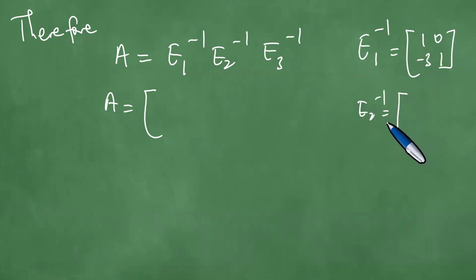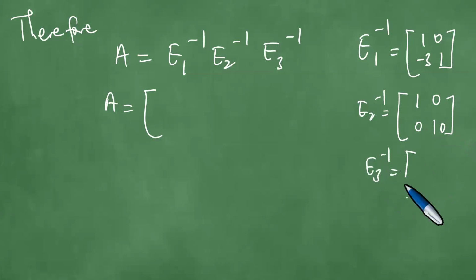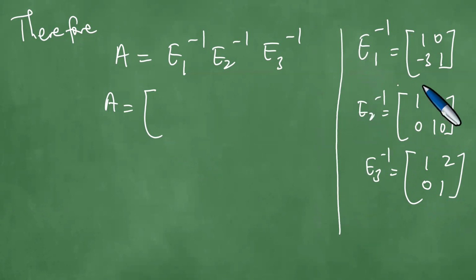E2 inverse can be seen as what? E2 inverse? 1, 0, 0, 10. E3 inverse? 1, 2, 0, 1. So this is exactly what we got.